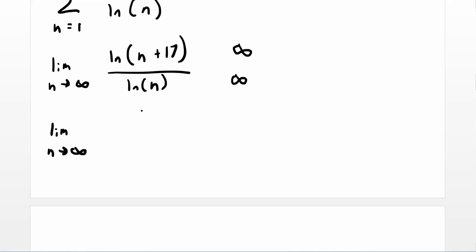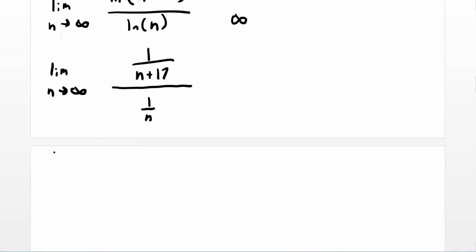So the derivative of the top is 1 over n plus 17. The derivative of the bottom is 1 over n. This is not a quotient rule. You take the derivative of the top, you take the derivative of the bottom separately, and then take the limit of that quotient. So we're going to clean this up a bit. Dividing by 1 over n is the same thing as multiplying by n over 1.